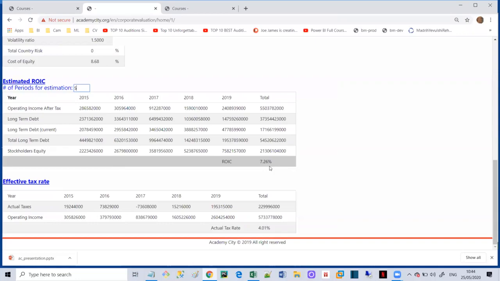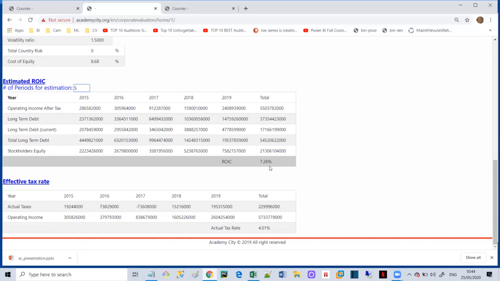But does 5 years reflect the true future return on invested capital for a company like Netflix? There's no right answer, because none of us really knows what's going to happen in the future.